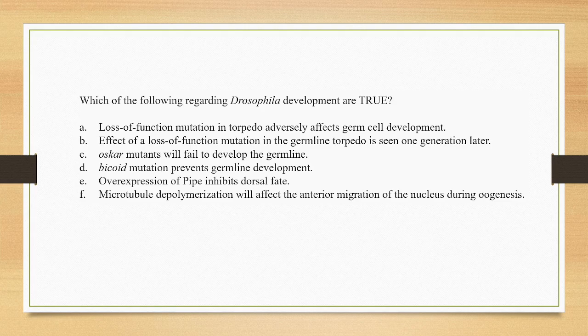Third, Oscar mutants will fail to develop the germline. Then, bicoid mutation prevents germline development. Overexpression of pipe inhibits the dorsal fate. And last option is microtubule depolymerization will affect the anterior migration of the nucleus during oogenesis.